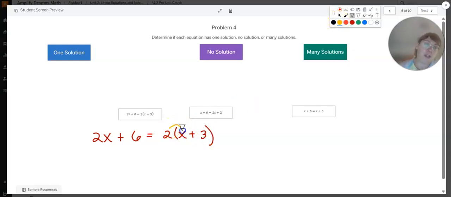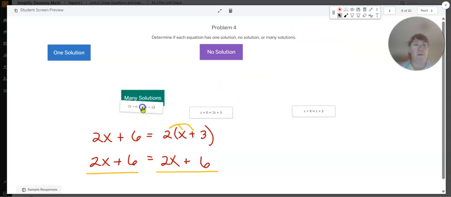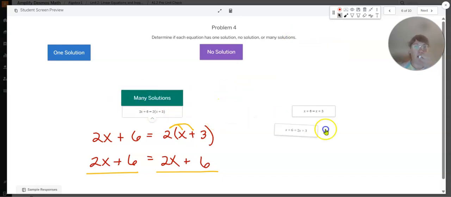When you distribute this 2, you end up getting 2x plus 6 equals 2 times x is 2x plus 2 times 3 is 6. And what you'll notice is the left and the right are actually the exact same. That is an example of many solutions, when they end up being the same on the left and the right. We can plug in any value for x and we'll get a true statement.